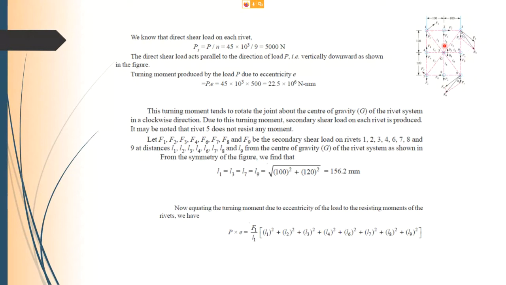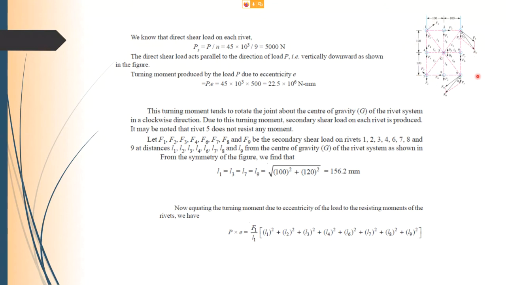So you can draw F1, F2, F3, F6, F5, F4, and then F9, F8, and F7, all in clockwise direction. That is why you don't see the secondary shear load here.